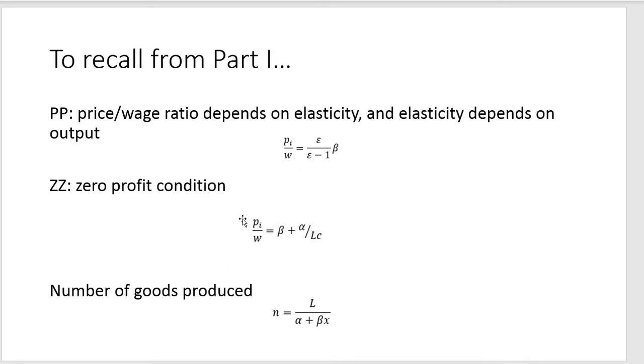So from the zero profit condition, we derived the ZZ curve, which describes the relationship between price-wage ratio, fixed cost, variable cost, the stock of labor force, and consumption. And finally, we calculated the number of goods produced in equilibrium as a function of labor force and production cost.